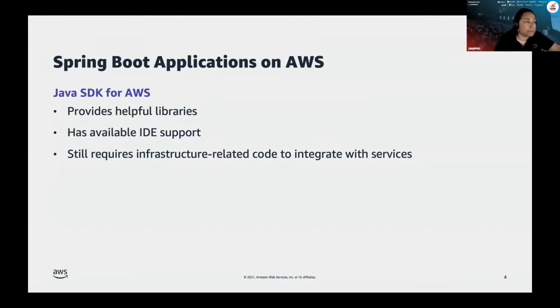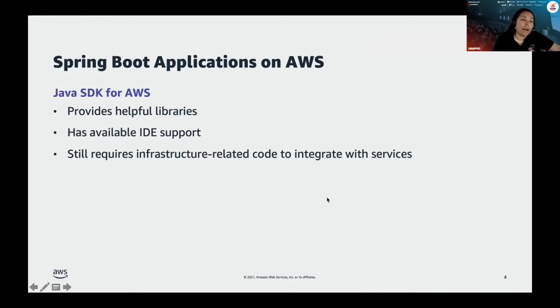This gives us a number of helpful Java APIs, and IDEs of your choice, such as IntelliJ and Eclipse, provide toolkits that integrate tightly with the AWS SDK and help you step through, debug, build, and even deploy Java applications directly from the IDE.